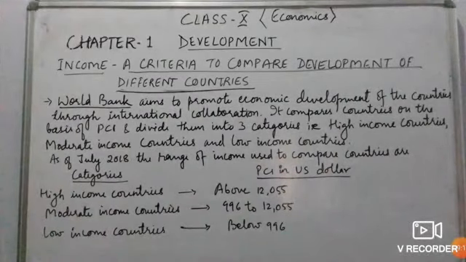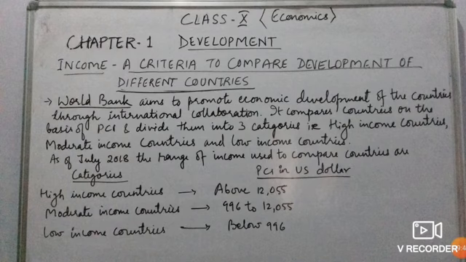Now, who actually compares the development of different nations? There are international bodies working in this field. One prominent one is the World Bank. World Bank aims to promote economic development of countries through international collaboration. It compares countries on the basis of per capita income and divides them into 3 categories: high income countries, moderate income countries, and low income countries.